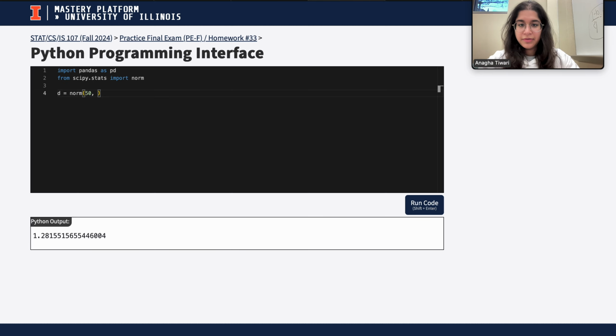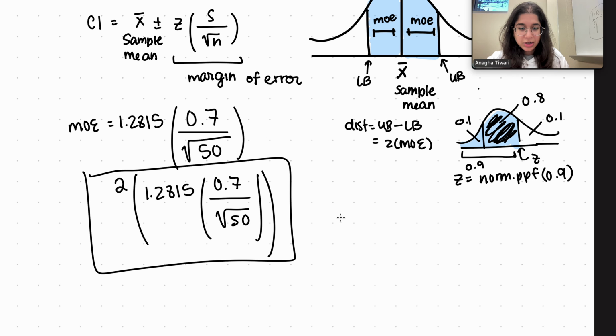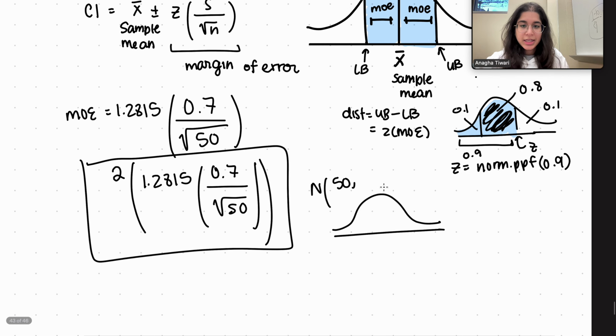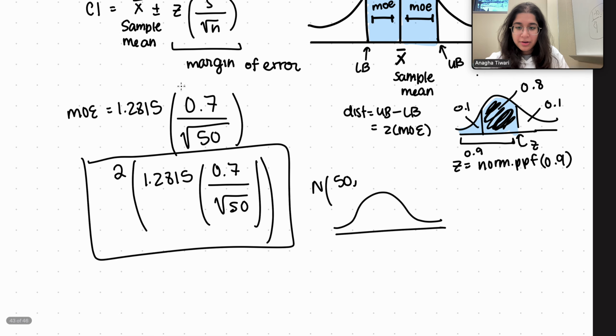Basically, our normal distribution for this confidence interval follows a mean and a standard deviation of 0.7 divided by the square root of n. Remember, this uses the standard error, which is that standard deviation divided by the square root of n.